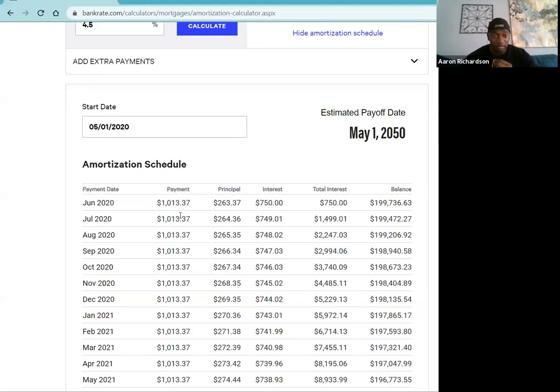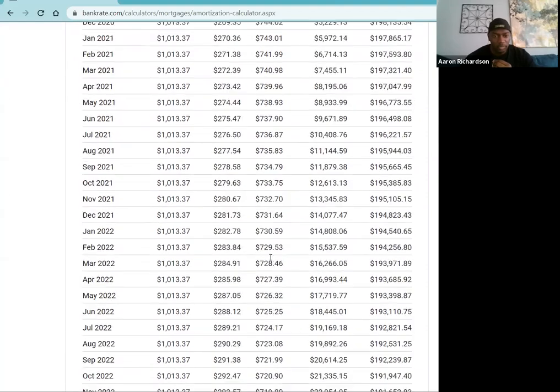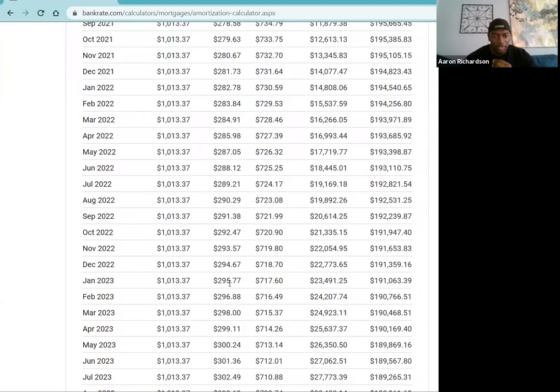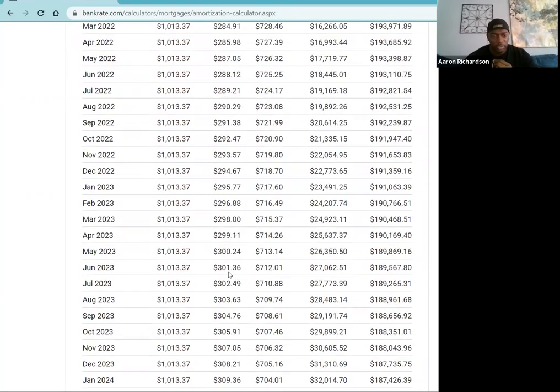So this amount, again, will stay the same, but it will adjust and apply more toward principal over time versus interest. As you can see, if we scroll down here, every month our interest amount is going down. Every month as we progress through the loan, our principal portion is going up.